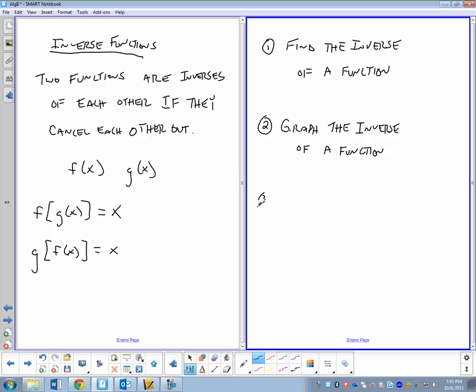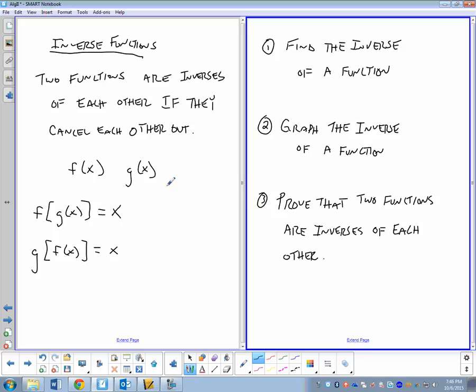And last, prove that two functions are inverses of each other. Those are the three things you need to be able to do with inverse functions. You're going to see examples of each of these things on your homework assignment tonight.